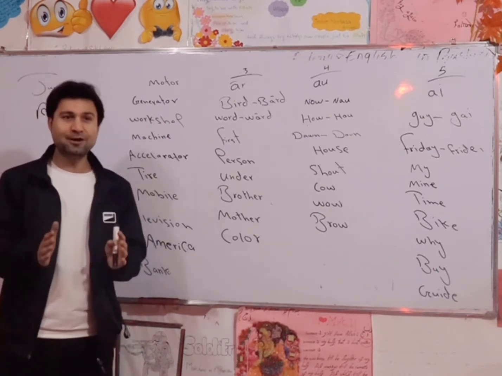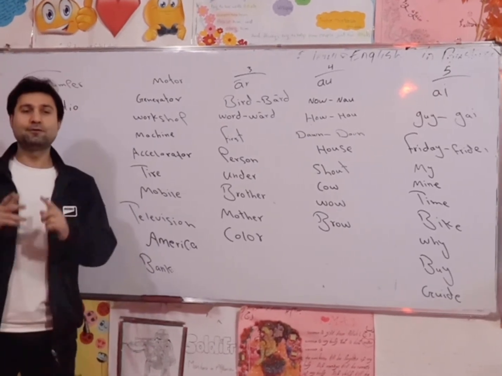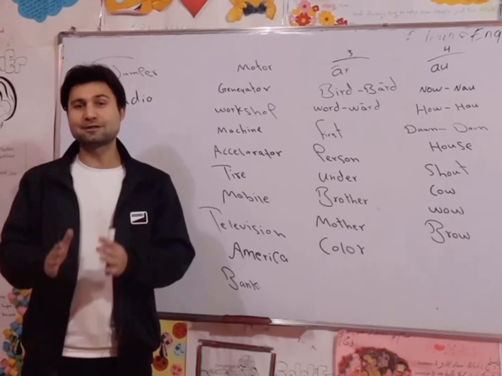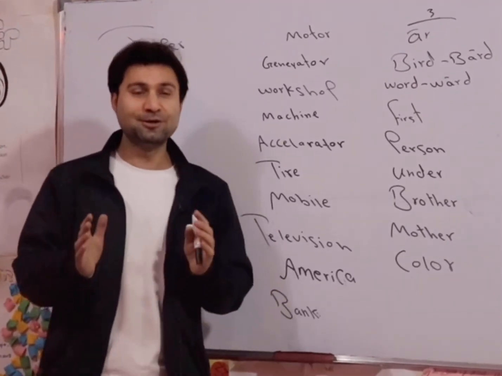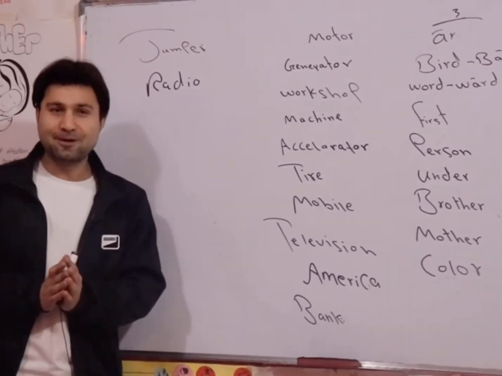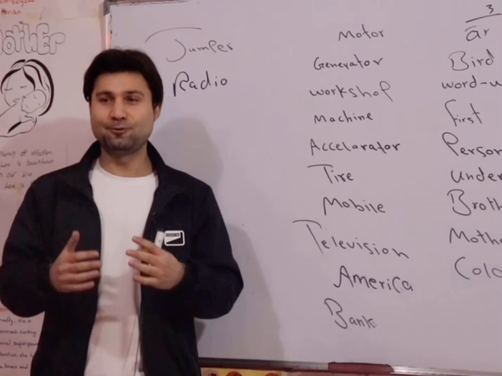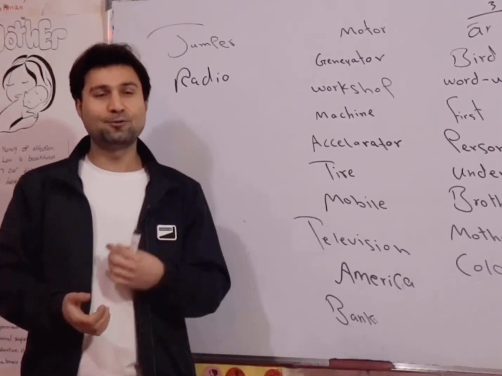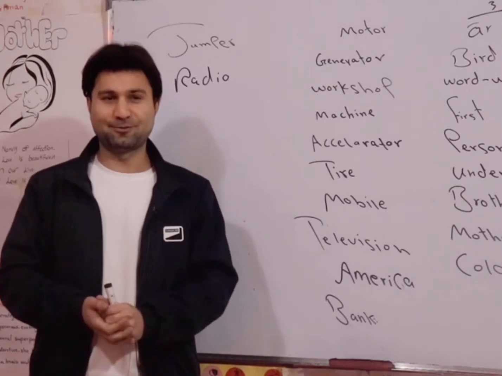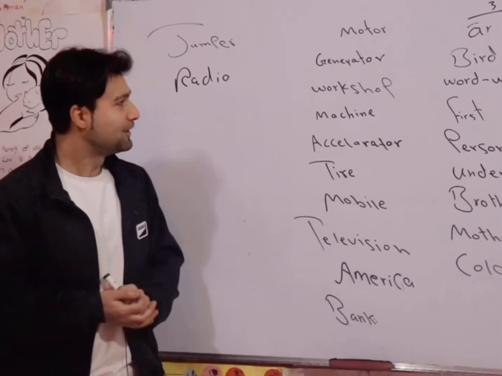But before talking about number 3, number 4, and number 5 phonetic symbol sounds of the English alphabet, I would like to tell you some English words. I mean the difference between how we pronounce them in our own language and how we pronounce them in English. Maybe these words are interesting for you. Okay? So let us start.